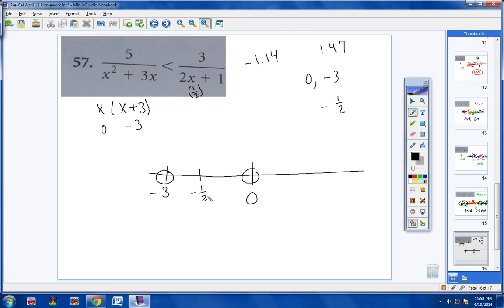Put a negative 1/2 here. And then we have negative 1.14. And then we have what? 1, 2, 3, 4. A positive 1.47.